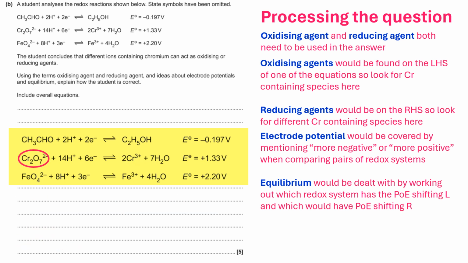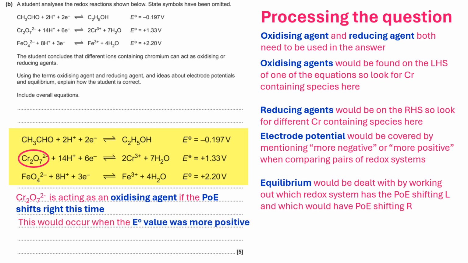Looking at Cr2O7 2-, if this is acting as an oxidizing agent, the position of equilibrium would have to be shifting right. For that to happen, you need to look for a redox system that has a more negative electropotential. So this will be the one at the top. In other words, the electropotential of the chromium-containing redox system would be more positive than the other one.